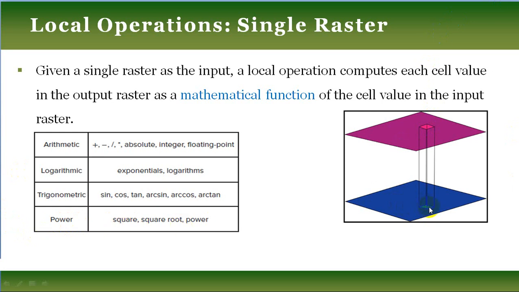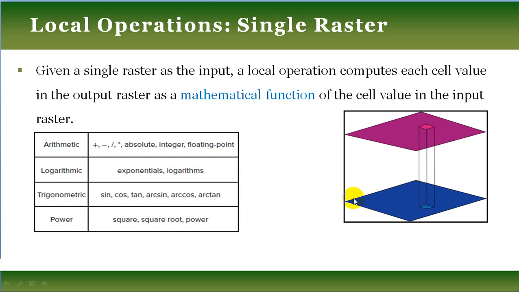Suppose this input raster cell value is 5, so after doing square, this output raster pixel value will be 25. Just like this, square root, power, square, all such mathematical functions we can use and generate. For that reason local operations are also called cell by cell operations.